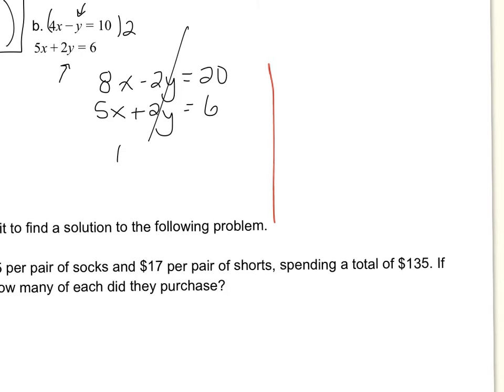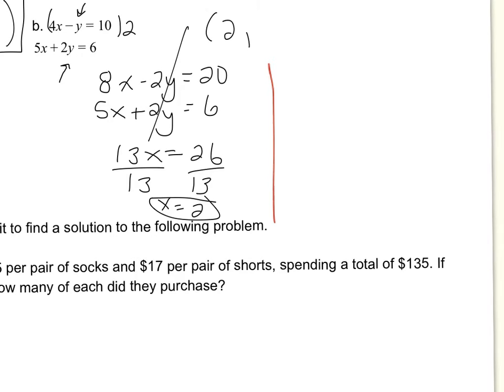8x plus 5x is 13x equals 26. So I divide by 13, so x is 2. So 2 is the first part of my answer. And then I'll plug in to find y. I can plug into any equation I want. I'm just going to pick the second one.